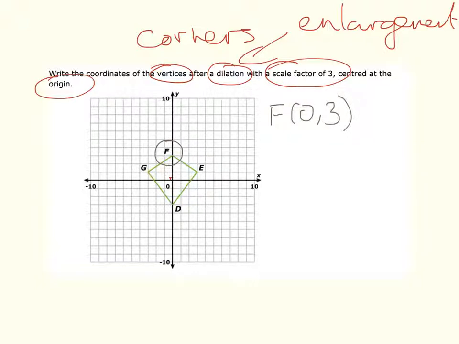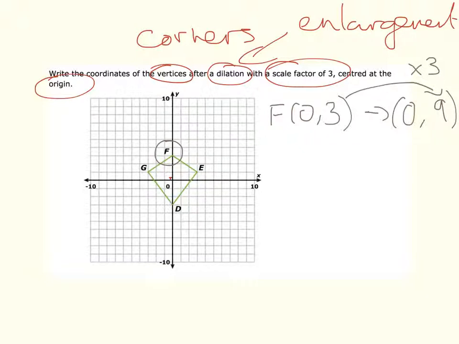So on this coordinate here, all we simply do is we multiply the coordinates by 3. So then it becomes still 0, but it becomes 9 instead, because that there has been multiplied by 3. 0 times 3 is 0. That's why that number has not changed.